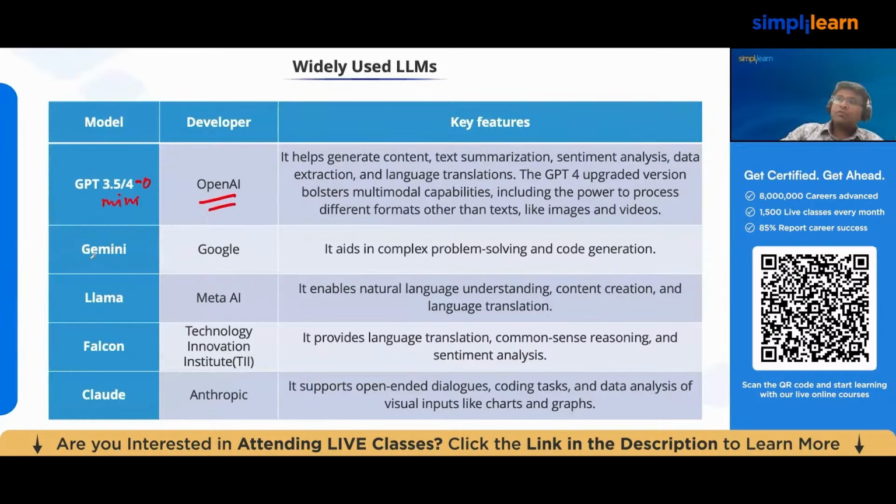Then Gemini, released by Google; Llama by Meta AI; Falcon by the Technology Innovation Institute, TII; then Claude V1, V2, used by Anthropic. These are the various companies which have these models, and they have released their keys.